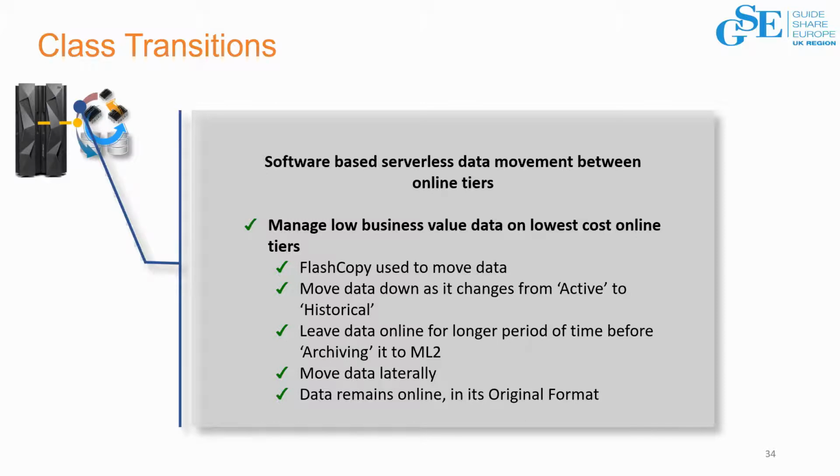Data is moved down to another online tier as it changes from being active to more historical in nature. You can leave the data online longer in its original format until it's ready for archival to ML2. And data can be moved laterally to other devices as needed. This is commonly done for situations such as increasing the size of your volumes or a data refresh or device refresh.